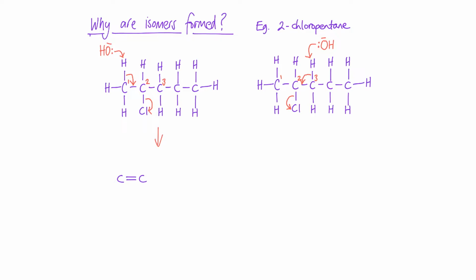And then I can draw in the rest of my molecule. So I've got the two hydrogens that are still on there. Then hydrogen here. And then here I would have a CH2, that's carbon number 3, CH2, CH3. You might have drawn this out as a fully displayed formula, but alternatively you can draw it this way. This way I prefer because it's going to be a bit easier for us to start thinking about the isomers that we may have.